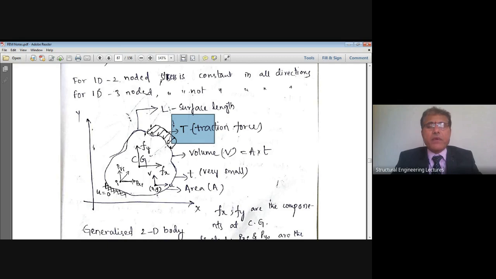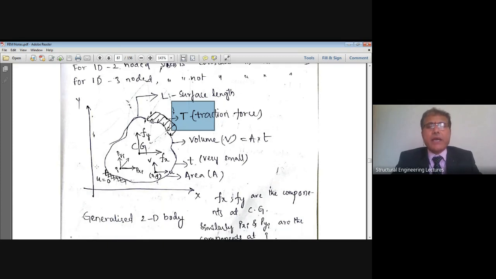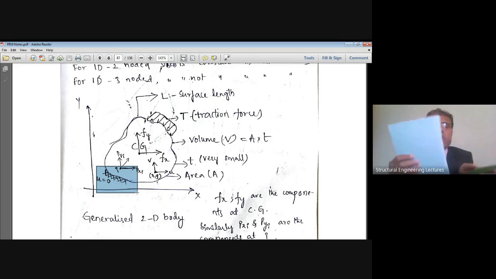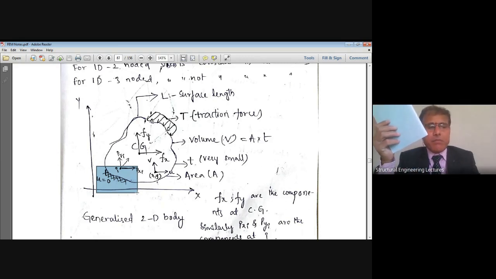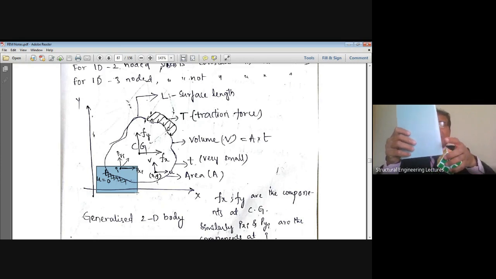Therefore, we will have forces in both Cartesian coordinate directions, and let this continuum have some boundary conditions, maybe fixed, or maybe hinged like this, right?